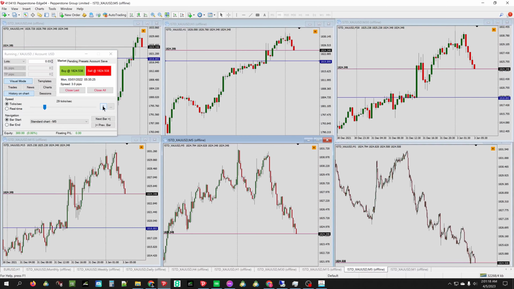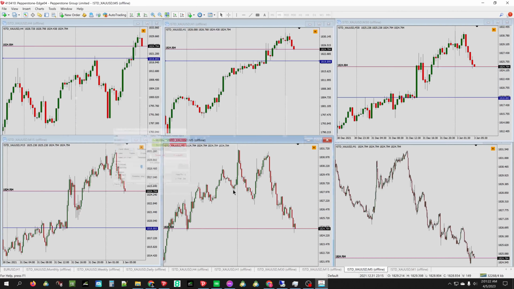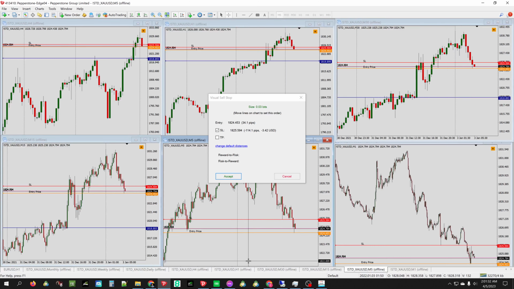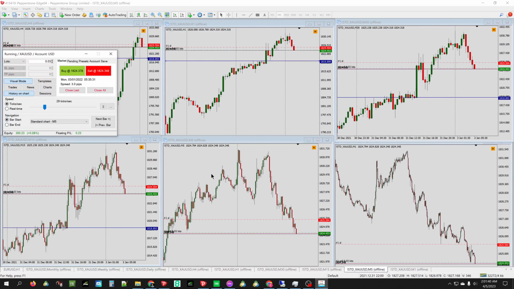Right in here I want to place my sell stop below this wick by placing a stop loss of 11 pips for a 3 US dollar loss. I am anticipating that we can move to the 1802 area. So I will let it run and I will be monitoring my trade.